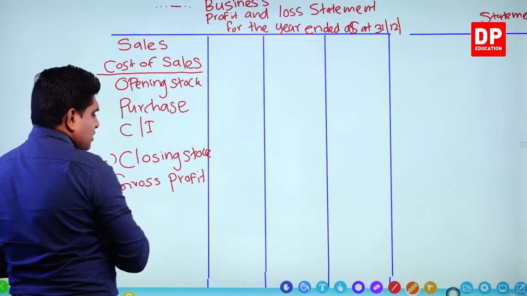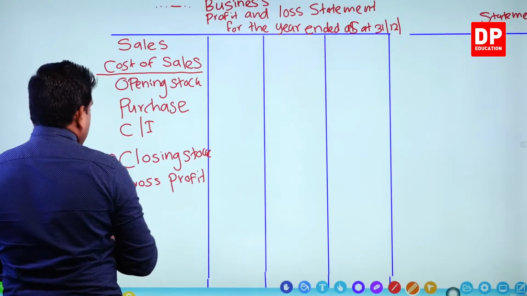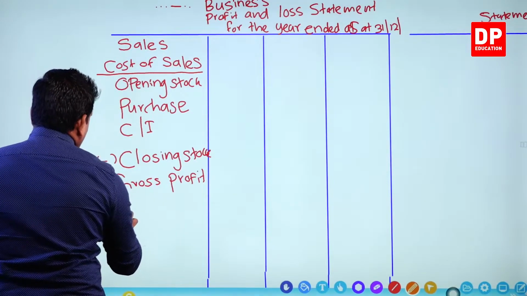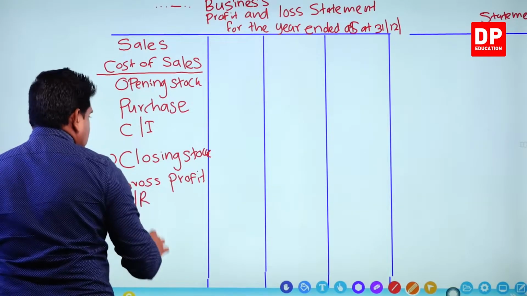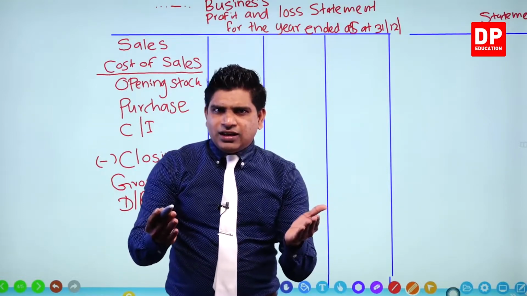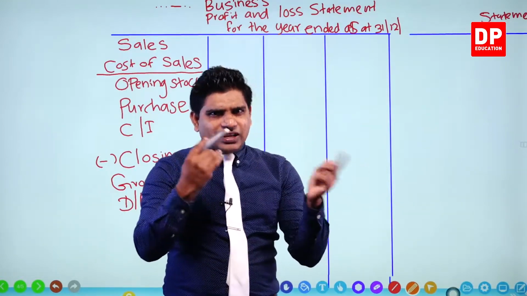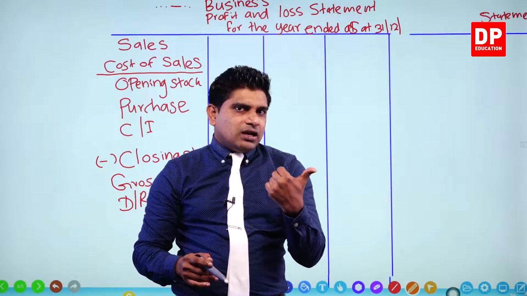Under the gross profit, you remember there were two incomes. What are they? One is discount received. There's another one. Actually, I forget it, right? When we do the question, we can consider it, but I remember there was one other income.